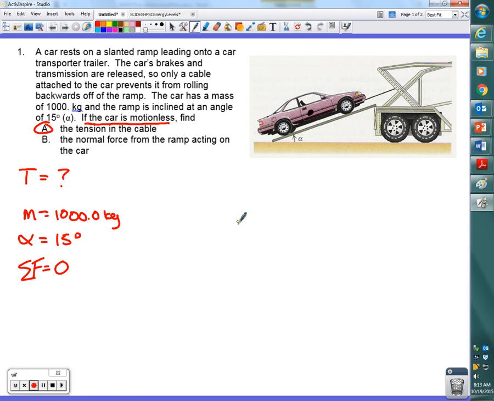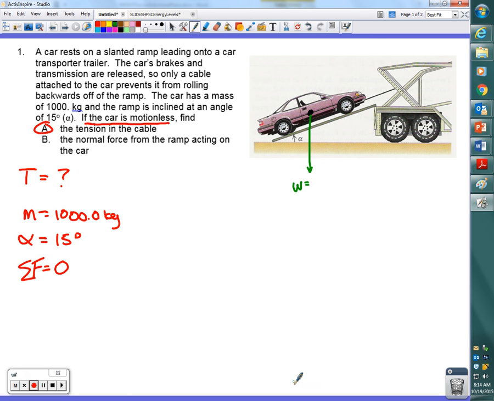So, what's the first force we can put on this drawing? The weight, right? Weight, by definition, is the force of gravity, right? And gravity pulls things which way? Straight down. That's going to be important to this problem. So here's our weight.